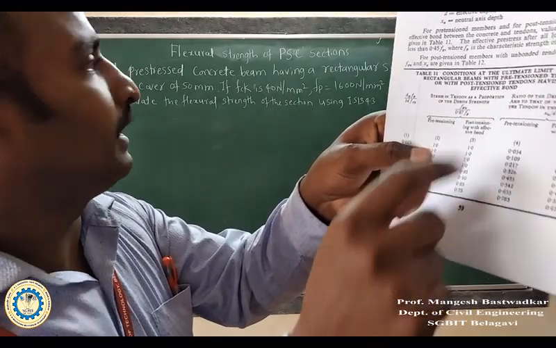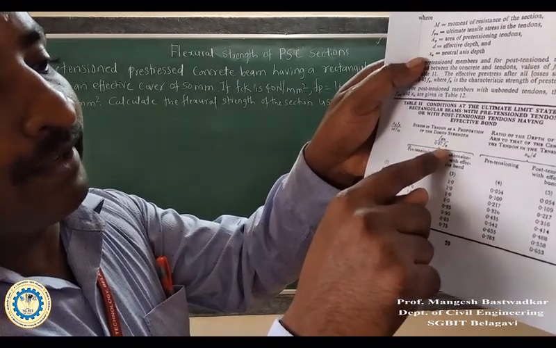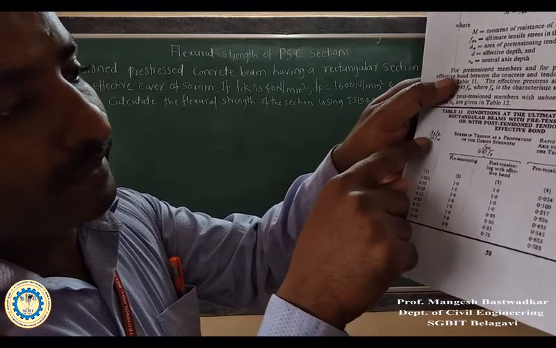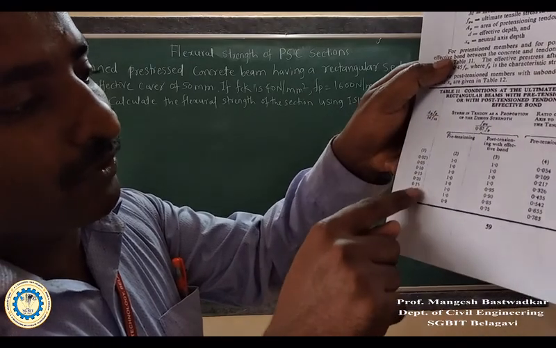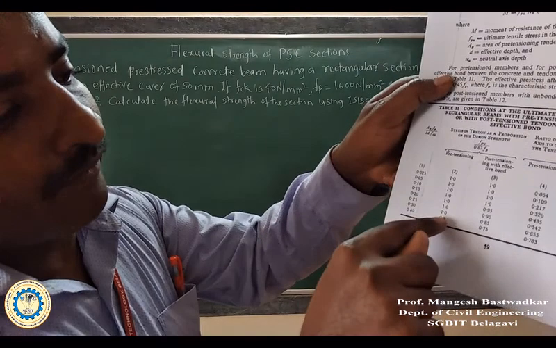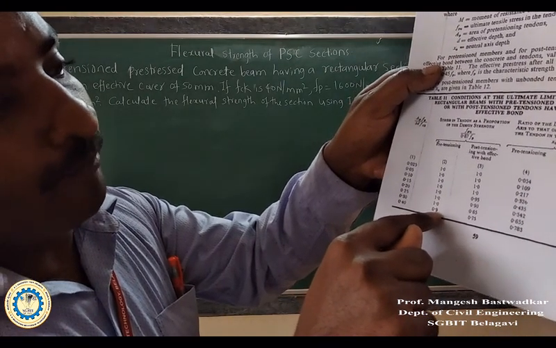So since it is a pre-tension beam, we will obtain the value of fpu divided by 0.87 fp. We have got the effective reinforcement ratio of 0.40. For this we have the value from the table, 0.9.